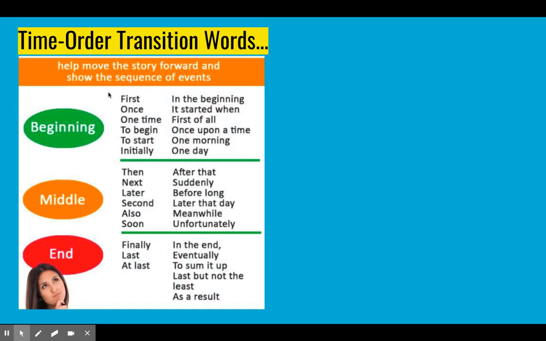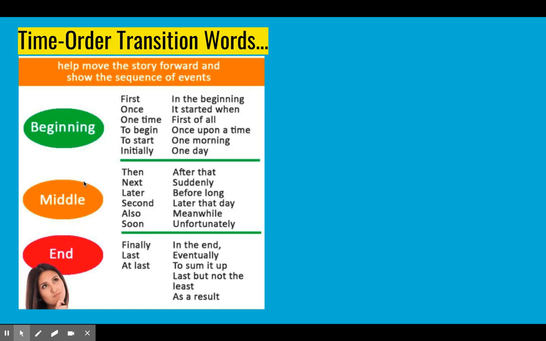Transition words are things like first, then, finally. And usually at the beginning of our story, when we talk about the setup, we're going to use these kind of transitions. So first, once, to begin, to start, one day. These are all great beginning transition words to start the beginning of your story.